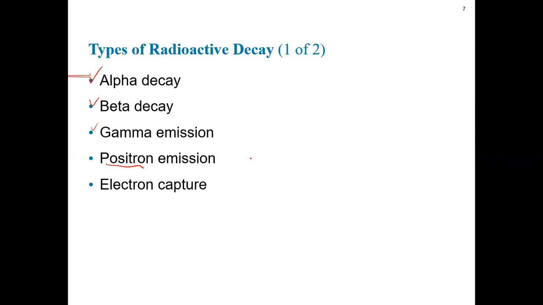Sometimes you write e, and then you write the positive 1. So this is the symbol for the positron. Then electron capture, where the electron is still an electron. Sometimes an electron nearby the nucleus can be captured by the nucleus.